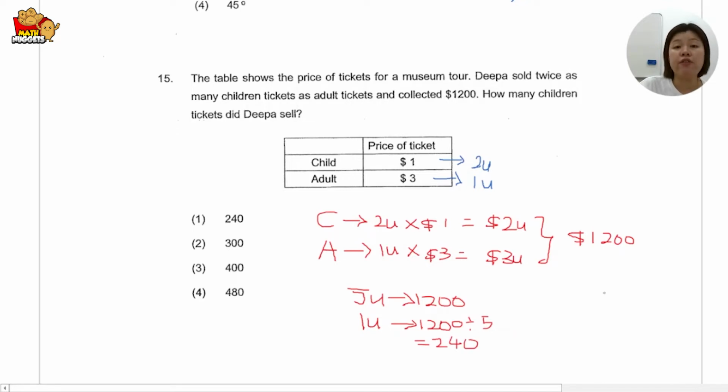So since it's asking for children, children is 2 units. So it will be 240 times 2 equals 480. Answer number 4. I'll put it here.